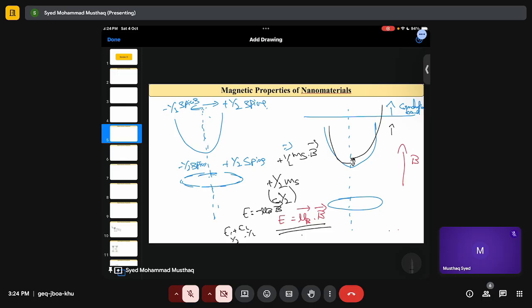That's it. Now whatever electrons came above the conduction band will give us the magnetization.